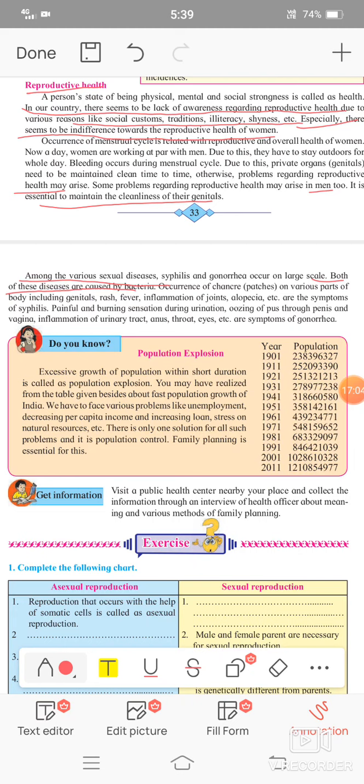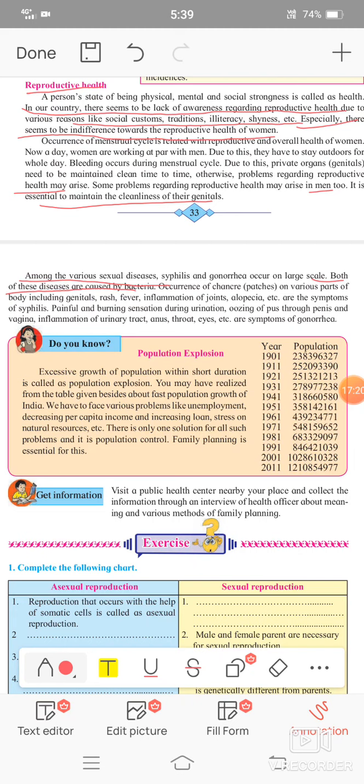Occurrence of chancre, that is a patch on the various parts of the body including genital parts, rashes, fever, inflammation of joints, alopecia are some symptoms regarding syphilis.